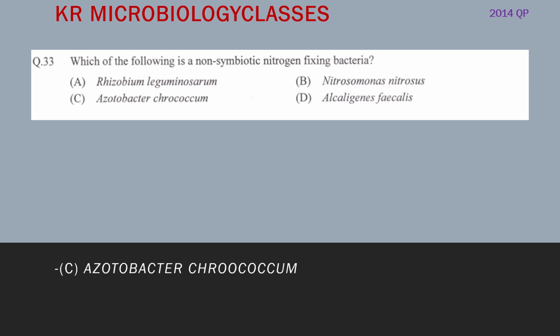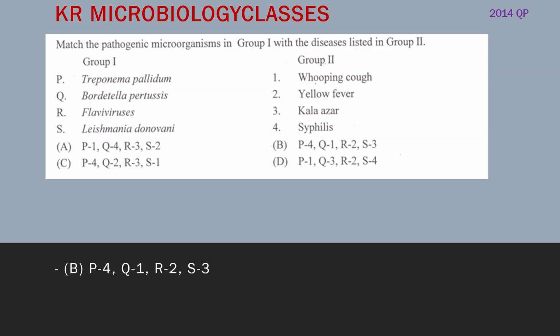Next question is: match the pathogenic microorganisms in group 1 with the diseases listed in group 2. See here, Treponema pallidum, Bordetella pertussis, flaviviruses, Leishmania donovani.